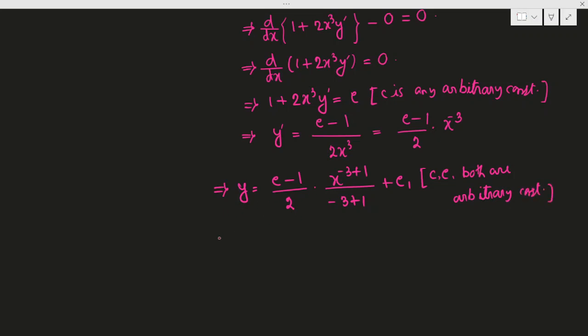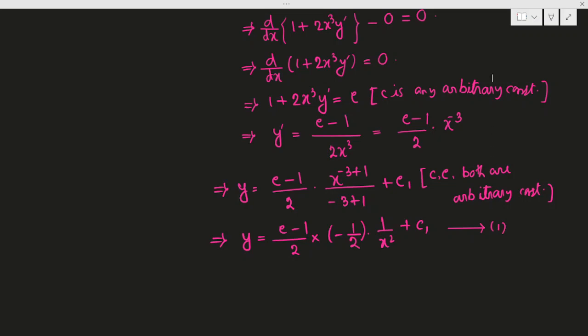So here if we calculate this, we get y is equal to (c minus 1) by 2 into minus half of x to the power minus 2, that is we can write 1 by x square, plus c1. Now here we get y is equal to this. We can denote it as 1.